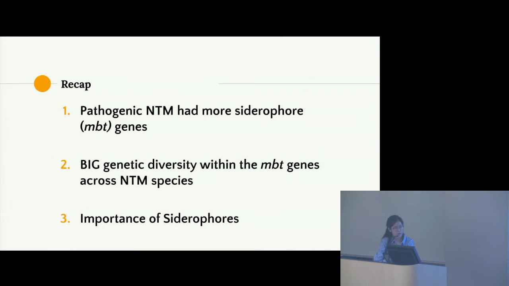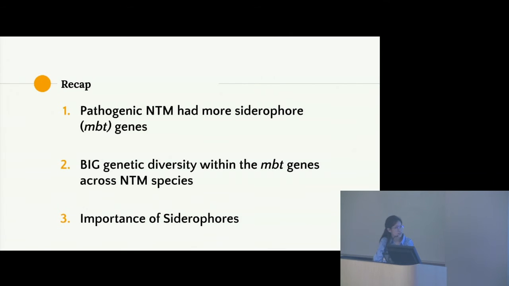So to recap, pathogenic NTM had more siderophore genes, which means they have a more complete Mycobacterium molecule to acquire iron. Secondly, there is a lot of genetic diversity within the genes, so the protein structure of a similar part of the molecule might not be the same, and the differences could lead to more efficiency in acquiring the iron.